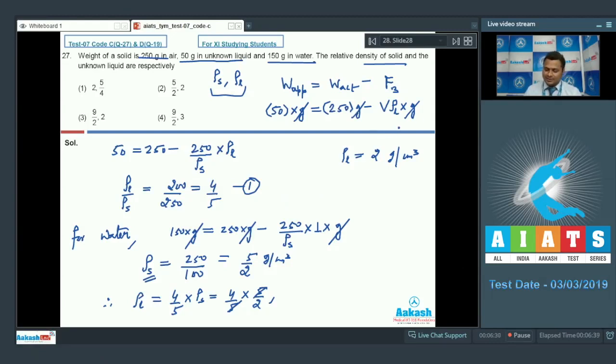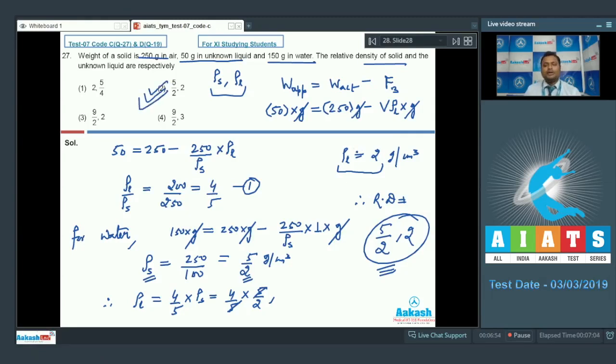So the relative density for liquid is 2 and for solid it is 5 by 2. So after looking at the options we can say that option number 2 is absolutely correct. So we'll go with option number 2.